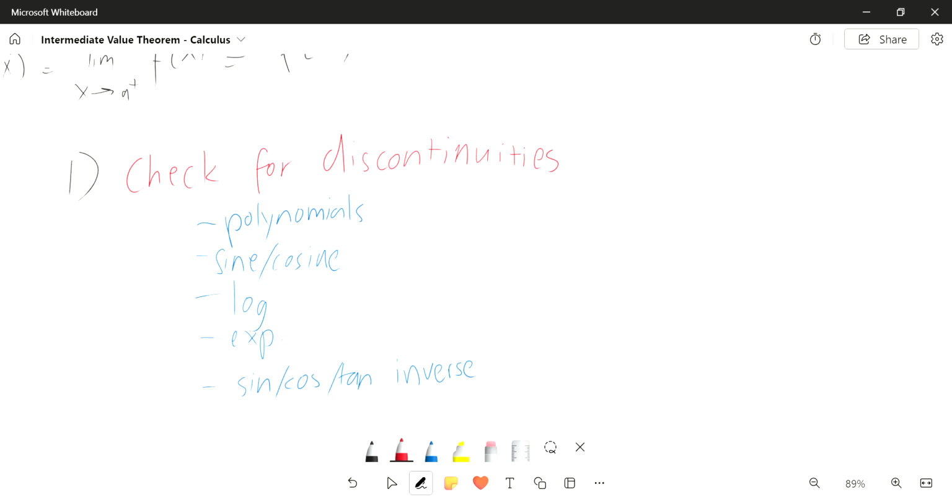For any other type of function, this could mean something like the denominator being equal to 0. So say you have the function 1 over x times x minus 2.